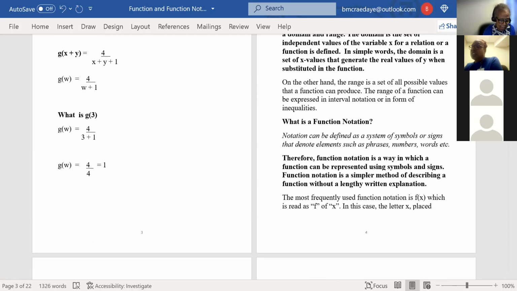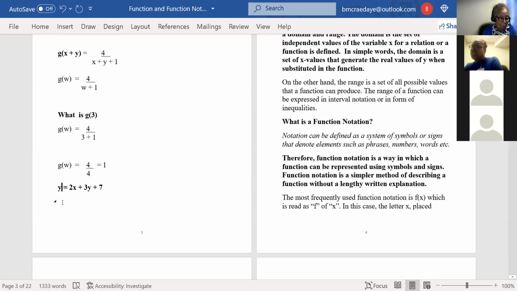Like if I gave you y equal 2x plus 3y plus 7. And I ask you, what is the value of this equation? And I'll give you some values for x and y.